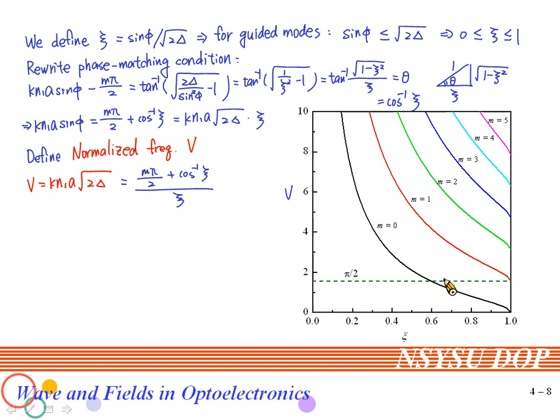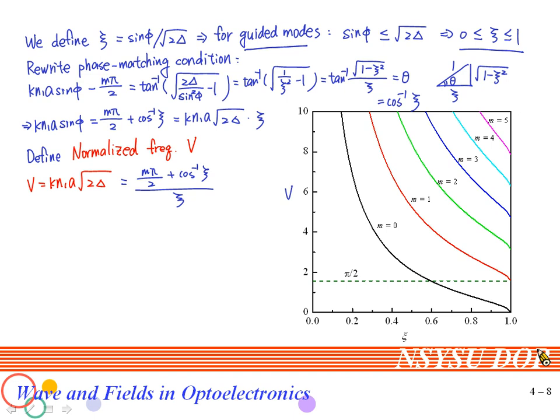As I have said, for guided mode, the value of C should be between 0 and 1. As C is larger than 1, we will not have guided mode. So you can see the range along this axis is between 0 and 1. As C is larger than 1, we will have no guided mode.